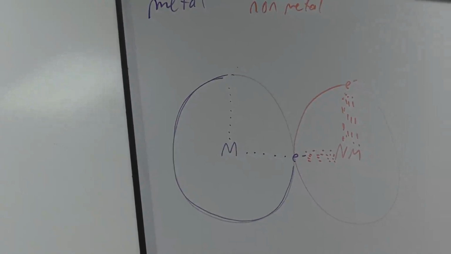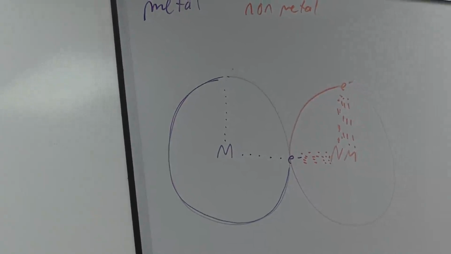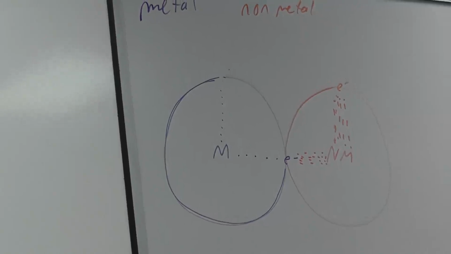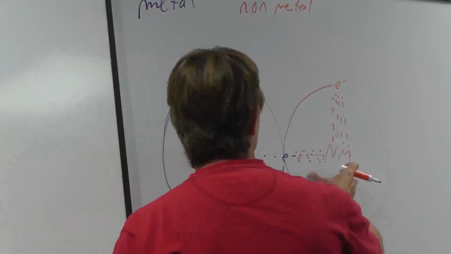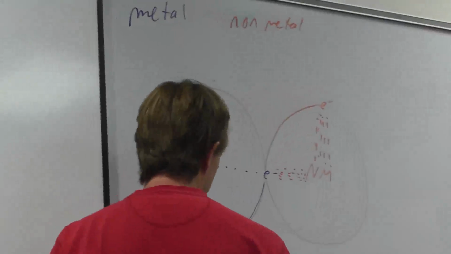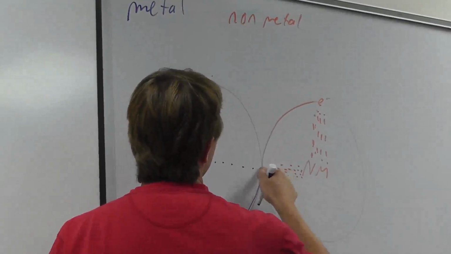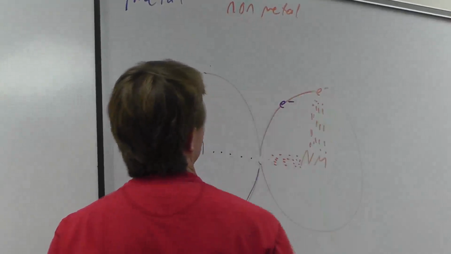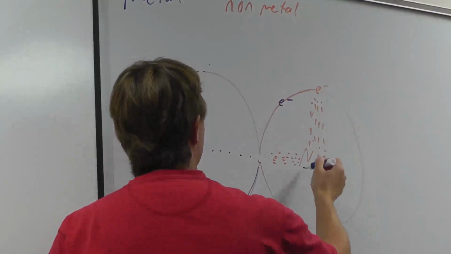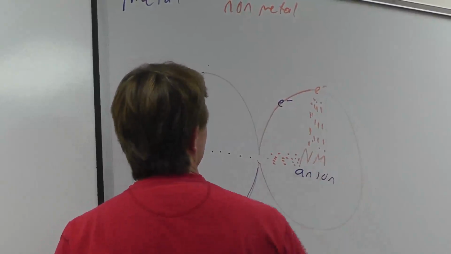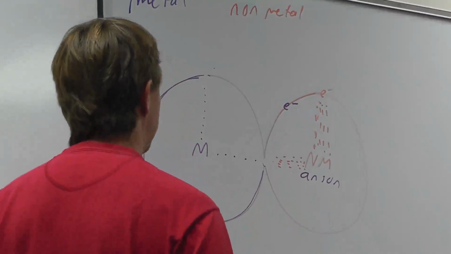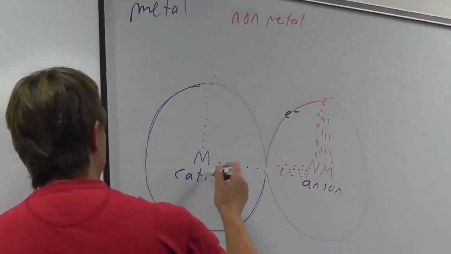No, it feels a whole lot more toward the nonmetal atom than it does to its own nucleus, correct? And as a result of that, since the force is so much more strong in this direction, then that electron gets stripped away, starts to orbit the nonmetal now, and now you've got an anion, because this nonmetal has more negatives than positives, and the metal has become a cation.